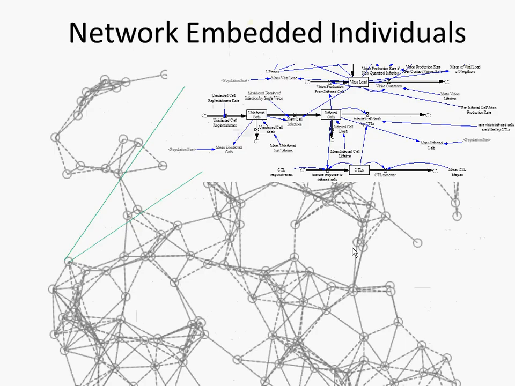So there are some models that I can show you where, for example, agents within a population have stocks and flows associated with each agent. Each agent is associated with stocks, for example, representing their level of infection, their level of uninfected cells, their viral level, so the amount of virus in them, and their response to the immune system.